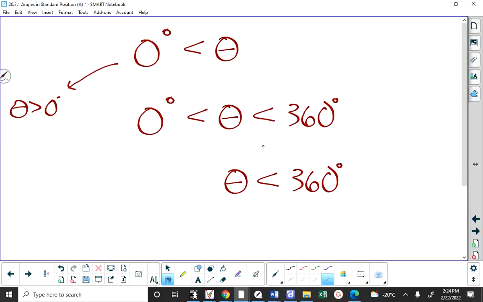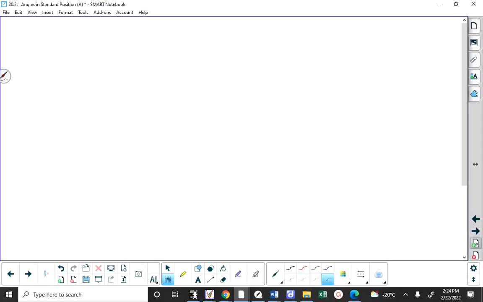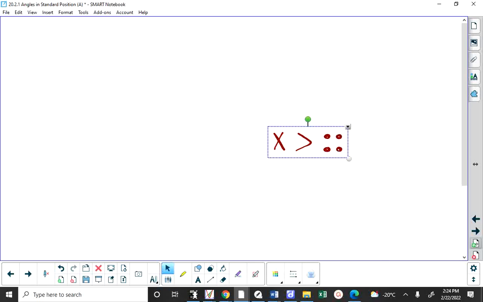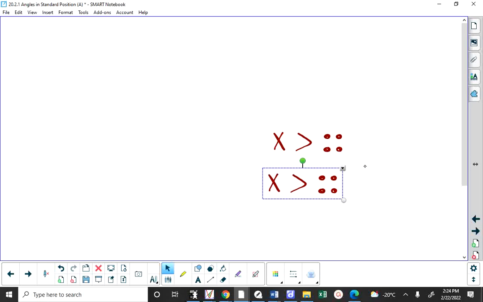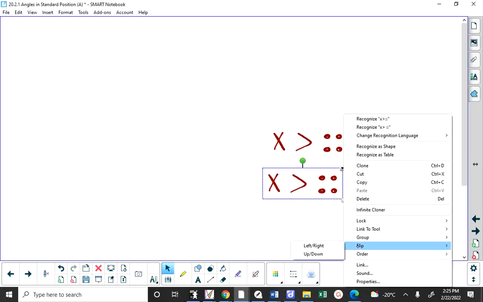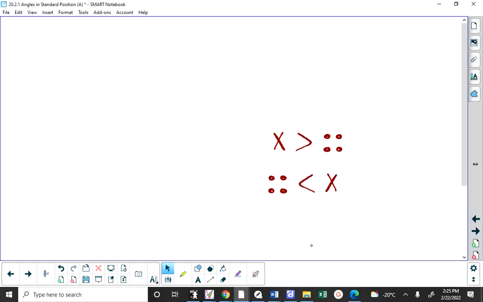And I know that not everybody gets this. If I told you that x was greater than 4, and you take that statement and you flip it over and read it backwards, this is what it looks like. 4 is less than x.